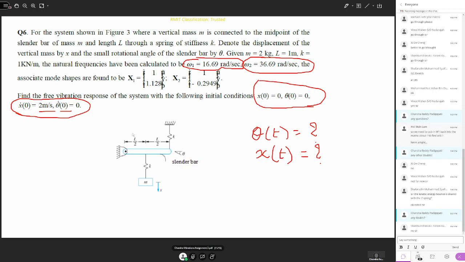Omega 1 is given, omega 2 is given, x1, x2, the mode shapes are given, the initial conditions are all given. So this problem is something which we discussed in the learning guide.